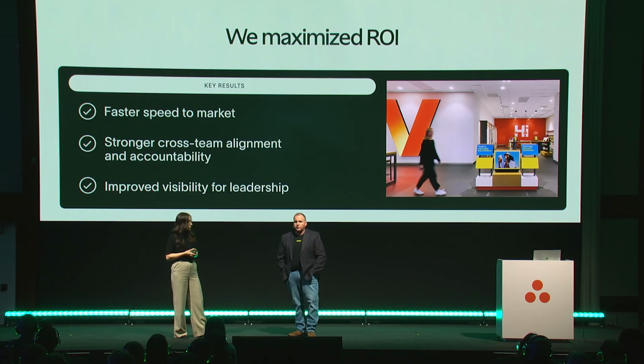So all of our teams are rallying around the same goal through Asana, and we're also able to hold each other accountable for our work. And then finally, leadership really embraced this because this helped us improve our visibility to leadership. So at any time, leadership can go into Asana and get an idea of how many campaigns have been requested, how many are being developed, and how many are in market.